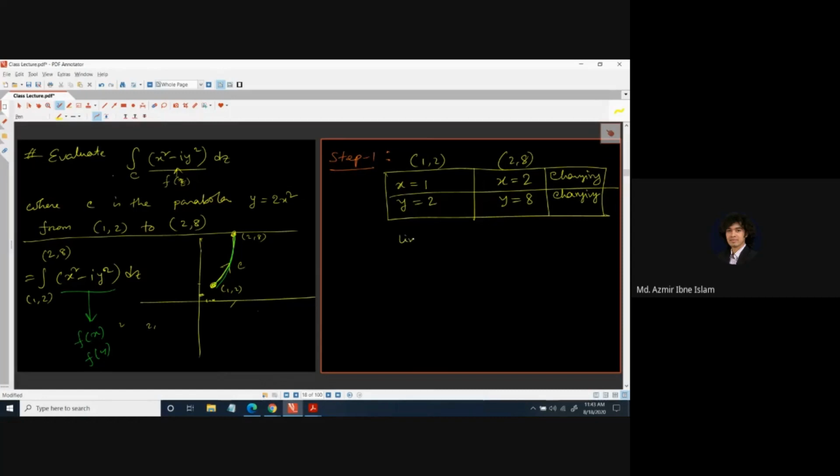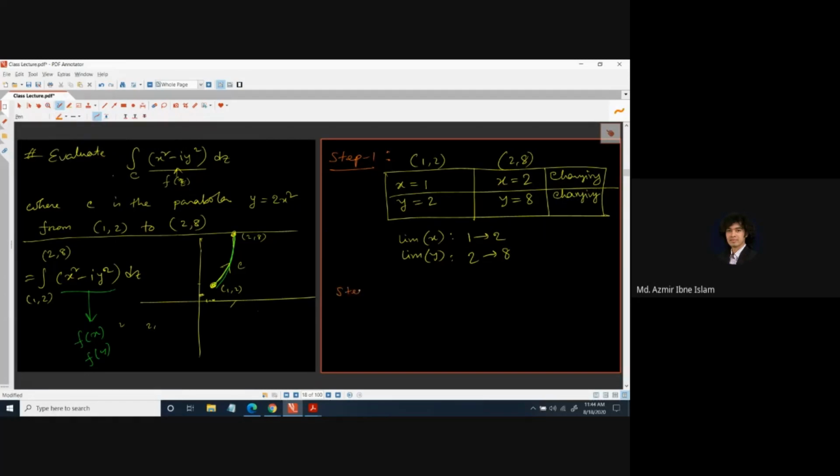That means both x and y can be the limits. If we take x, then 1, 2 will be the limit. If we take y, then 2, 8 will be the limit. Do you understand up to this part? If you understand this one, thank you.